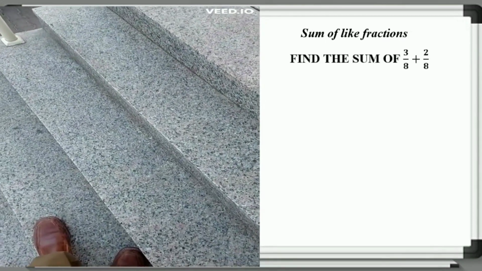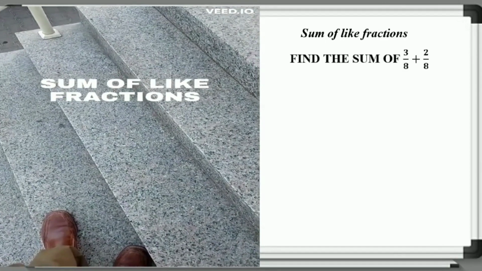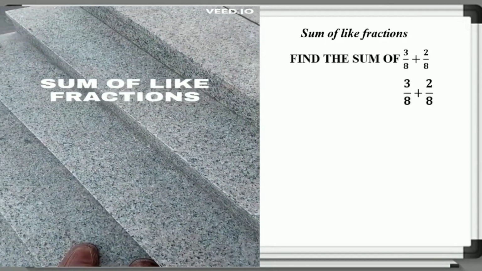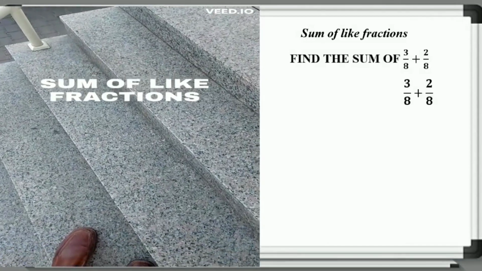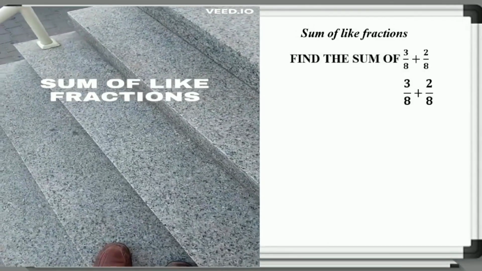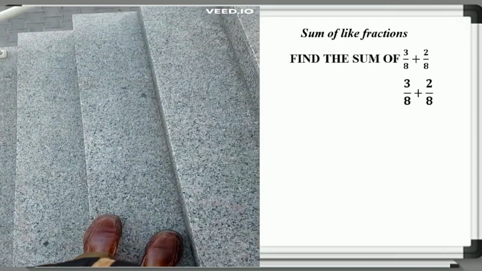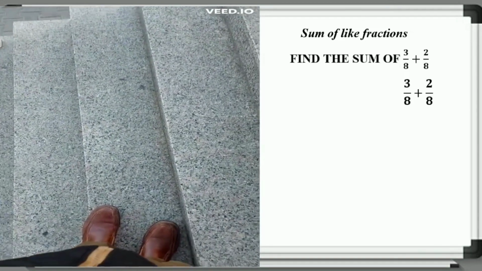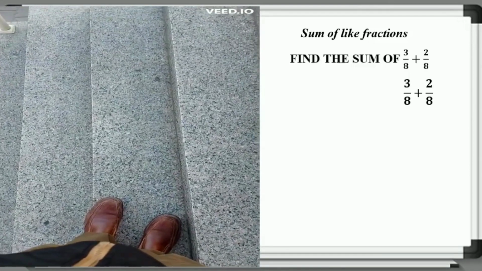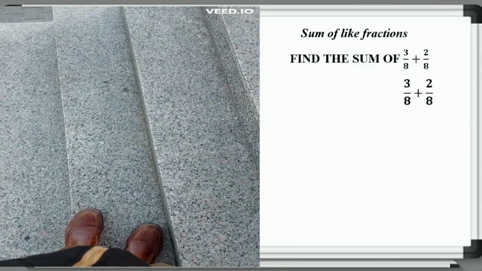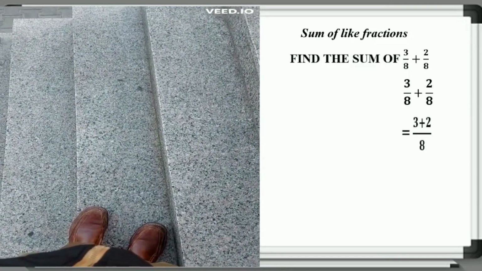Now I'm going to sum up my two fractions, 3 over 8 plus 2 over 8. I have 8 in both fractions, so the two fractions have a like denominator. When the denominators are the same, they are known as like fractions. So I take the common denominator 8 and add the numerators, 3 plus 2, which is 5.